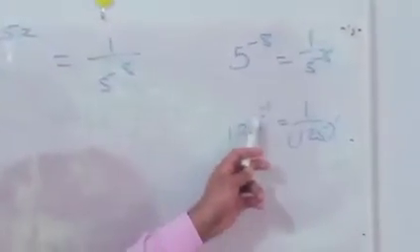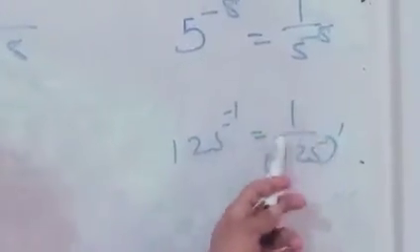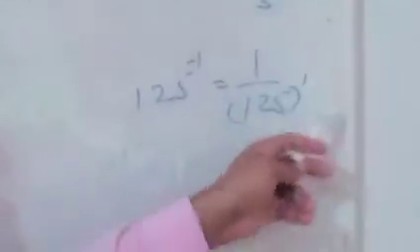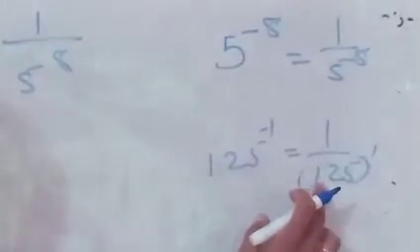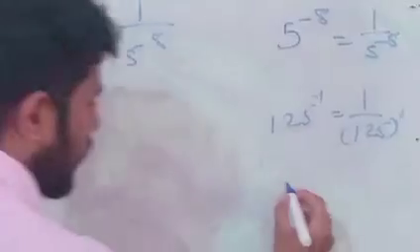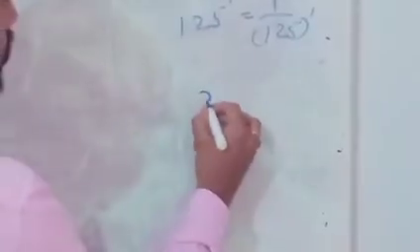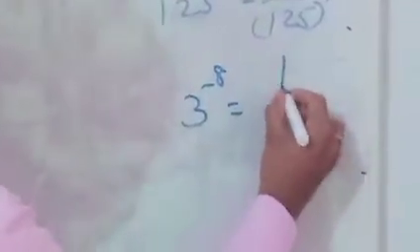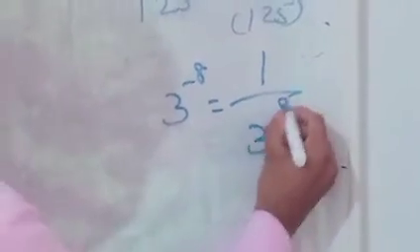What is that? You remember 125 raised to the power minus 1 is equal to 1 by 125 whole raised to the power 1. So here look, 1 by 125 is equal to 125 raised to minus 1. Another example I will do. 3 raised to the power minus 8 is equal to 1 by 3 raised to the power 8.